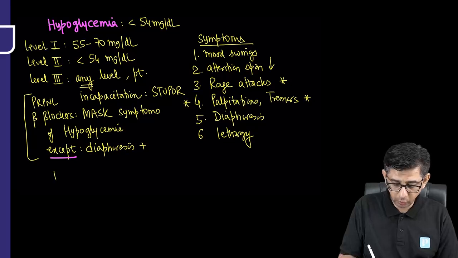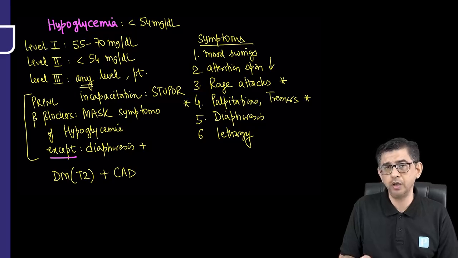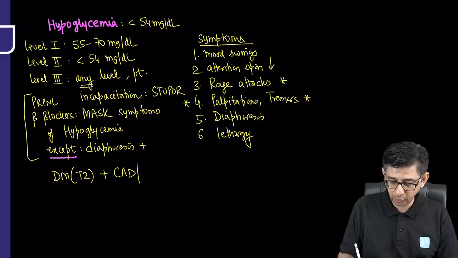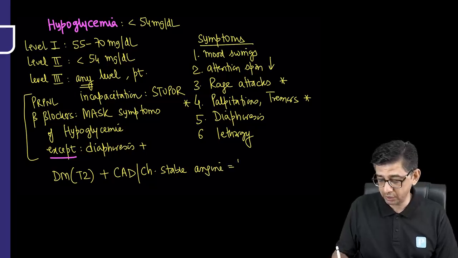You will regularly notice that patients of type 2 diabetes mellitus who are having, let me say, triple vessel disease, double vessel disease, or coronary artery disease, which is contributing to chronic stable angina, are on beta blockers. In fact, the drug of choice for management of chronic stable angina, as you would have heard in the cardiology discussion, is a beta blocker.